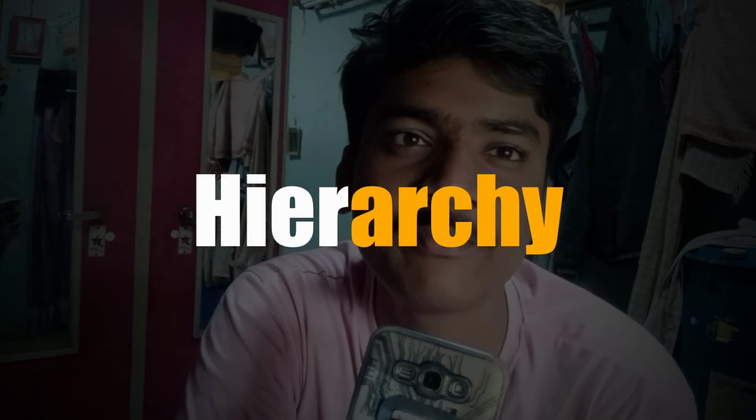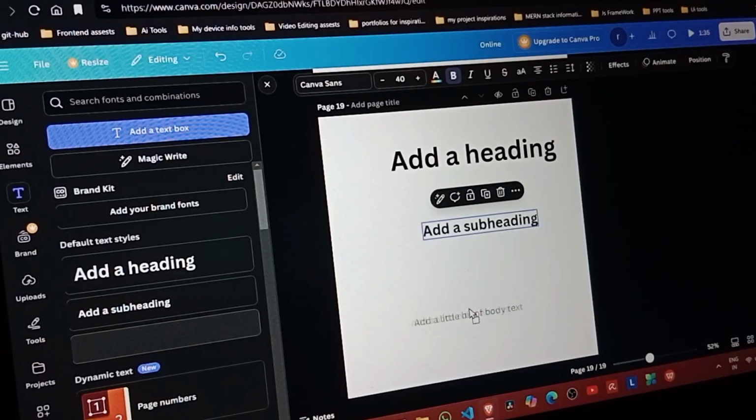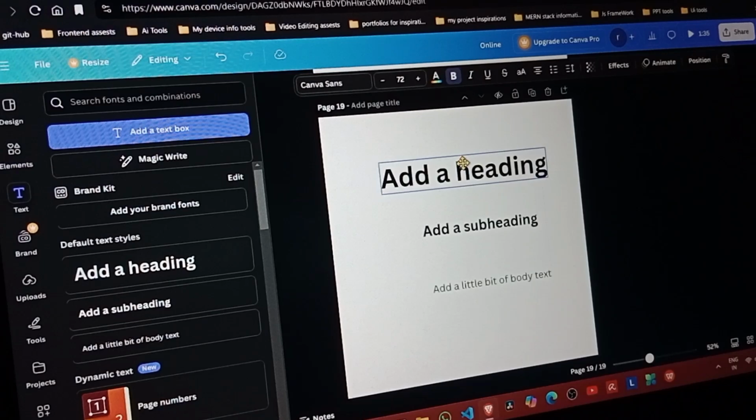So our next fundamental is hierarchy. Creating an appropriate hierarchy will guide your viewers' eyes or attention in a systematic order. If there is no visual hierarchy, then the design will look chaotic or scattered or messed up. So the hierarchy should be maintained very well in any kind of design. A common example is heading, subheading and body text structure.